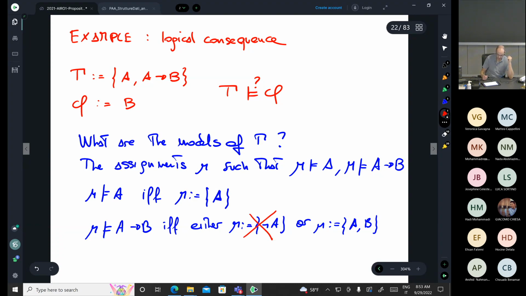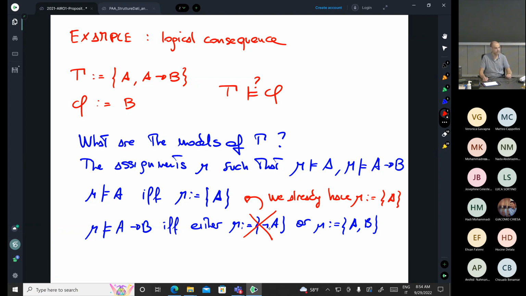But this one we can rule out, because we already said that in order to satisfy A, we must have this. So this possibility of satisfying A implies B is ruled out by the fact that in order to satisfy A, we must have A true.